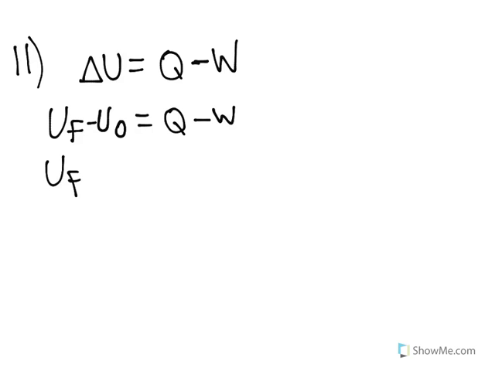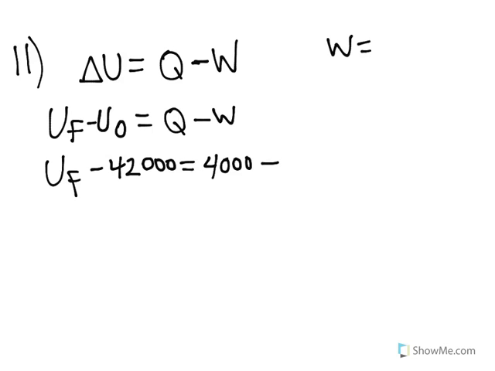So I'm given my initial internal energy is 42 kilojoules or 42,000 joules. The heat added to the system is 4 kilojoules of energy, so that's 4,000 minus the work done.